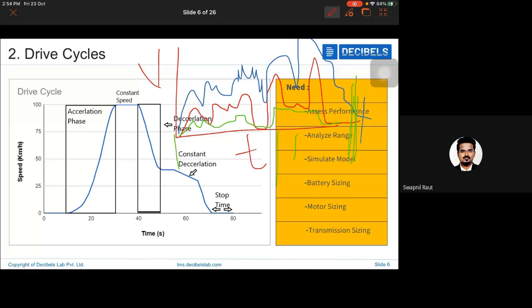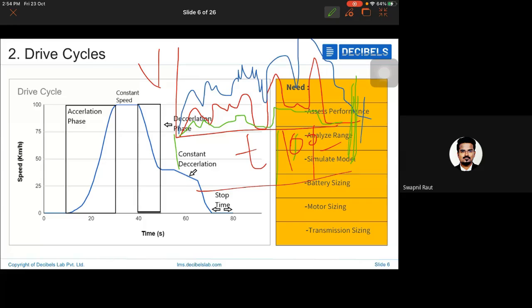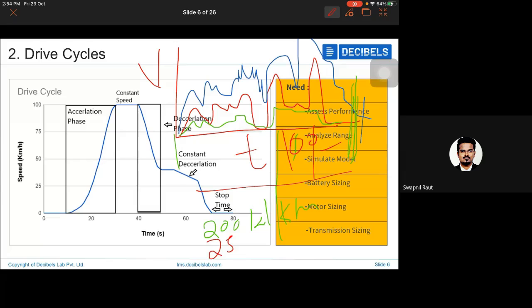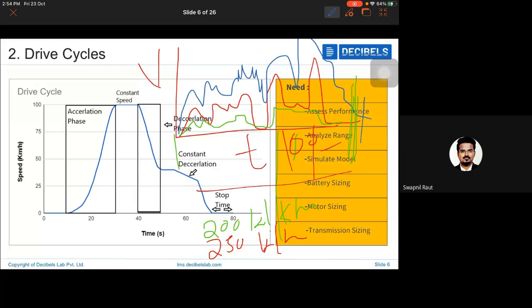So to travel 10 kilometers, maybe the guy who drove in green would have consumed, let's say, 200 watt per kilometer. Maybe the guy who drove in red would have consumed like 250 watt per kilometer. Maybe somebody driving in blue would have consumed, let's say, about 300 watt per kilometer.